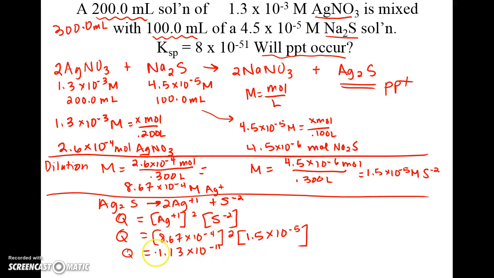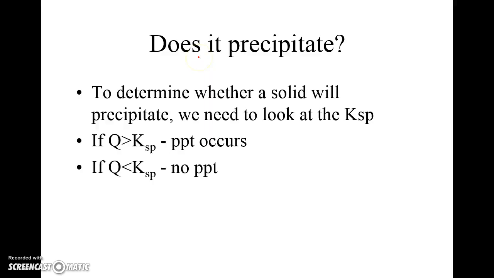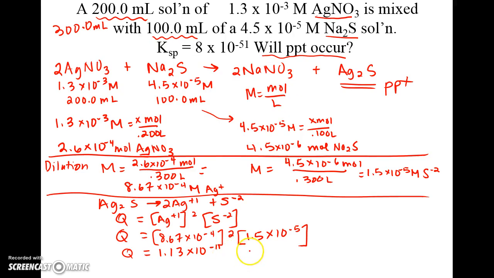I compare Q and Ksp. If Q is greater than Ksp, there'll be a precipitate. If Q is less than Ksp, no precipitate. In this case, Q is 1.13 times 10 to the minus 11, which is greater than 8 times 10 to the negative 51.